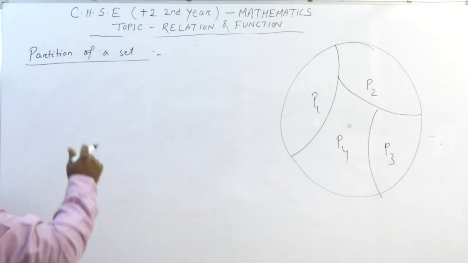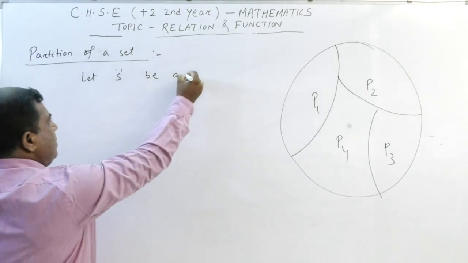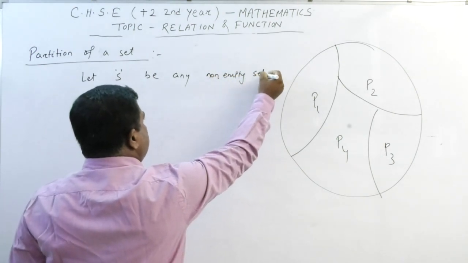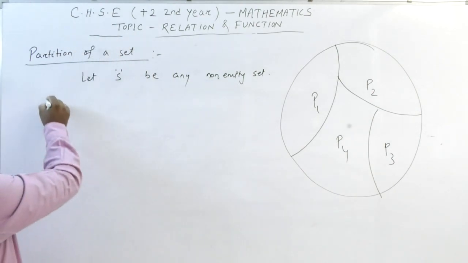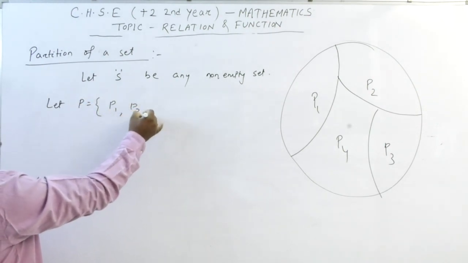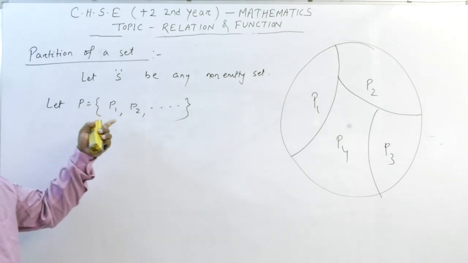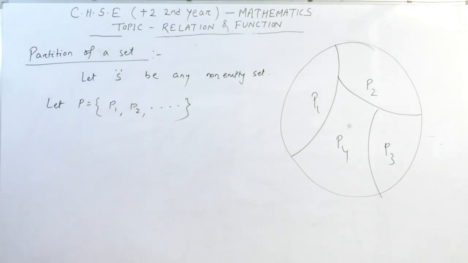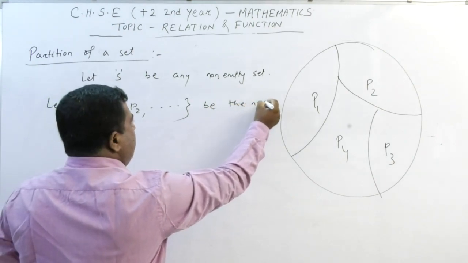It says, let S be any non-empty set. S being non-empty means it has some elements. It should be non-void. Let P be consisting of subsets, one is P1, another is P2, and so on, the non-empty subsets.